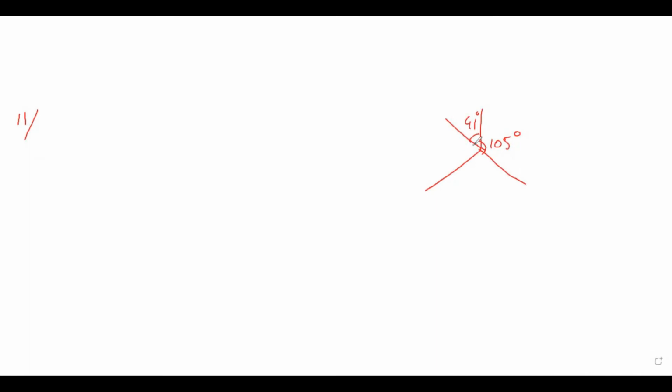This one is angle X, which you have to find out, and this angle is 130 degree. Now in this question, you know a property that the sum of angles in a point is equal to 360 degree.